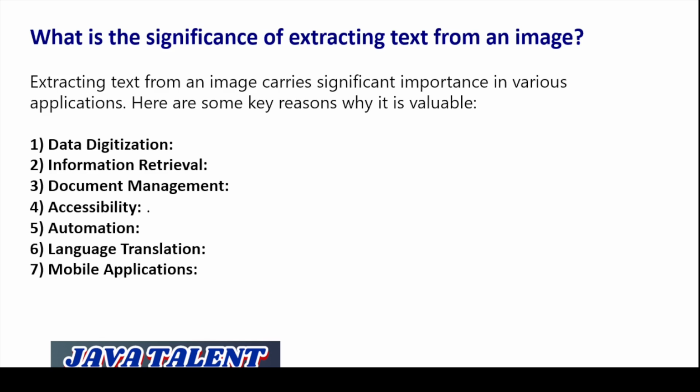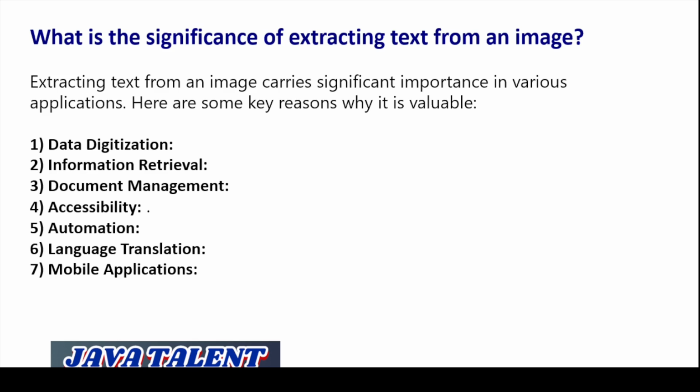Document management is where OCR plays a vital role in document management systems, making it easier for organizations to categorize and retrieve information from scanned documents. This improves productivity, and various industries follow it as a standard, from legal to healthcare.